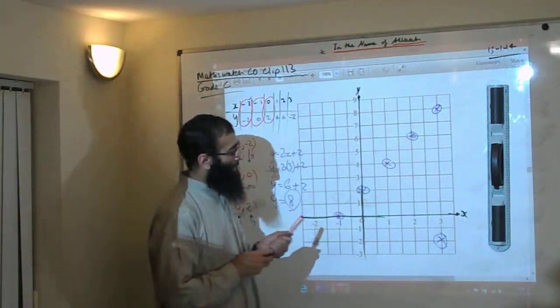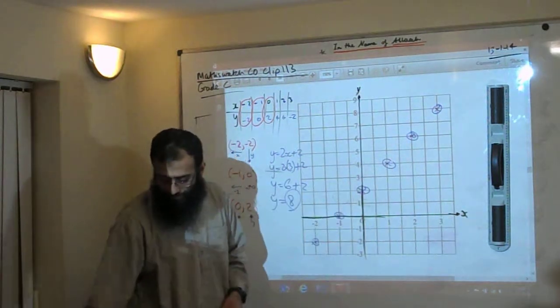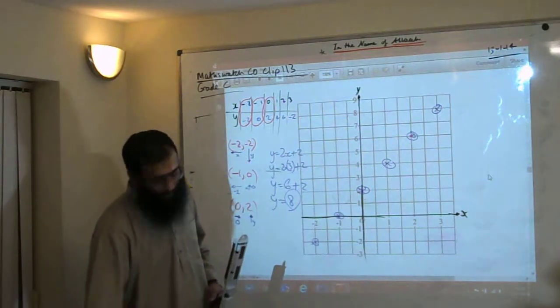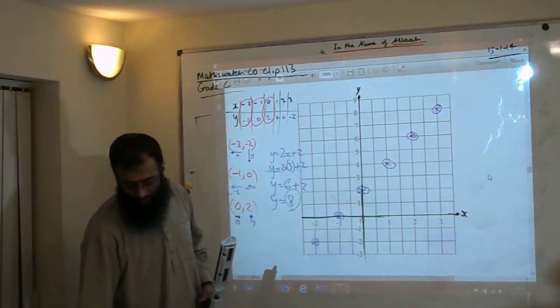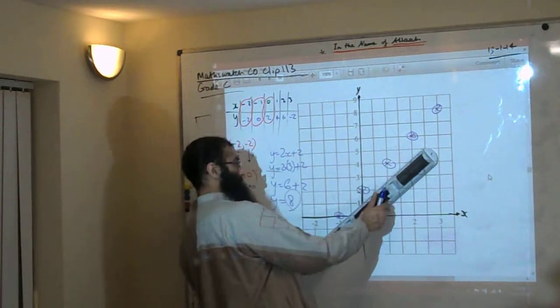Okay, that's better. And then we can rub this one off. You should be doing this in pencil anyway. Now, the proof of the pudding: when we do this graph now, they should all line up. Okay, let's have a look.